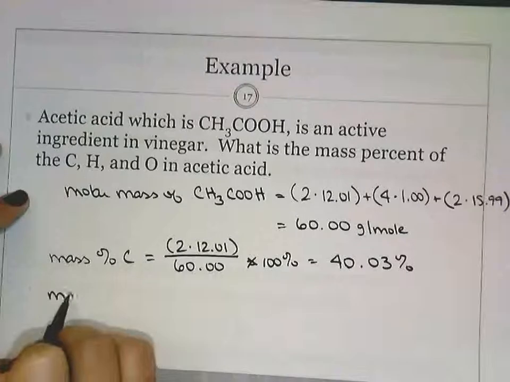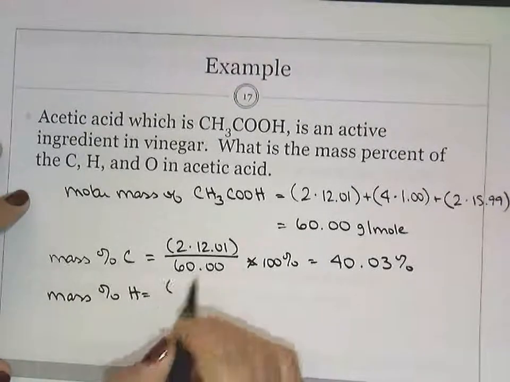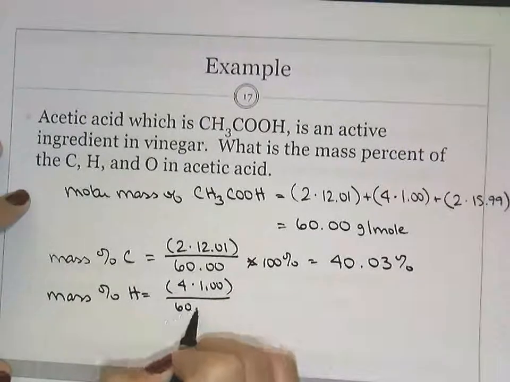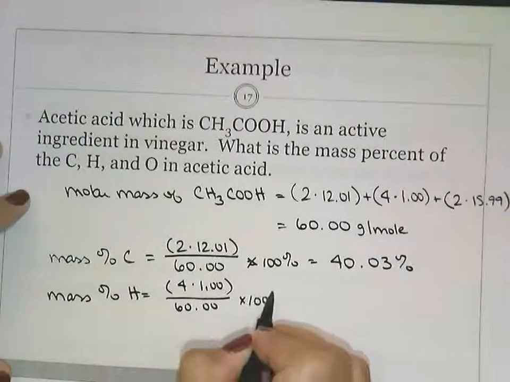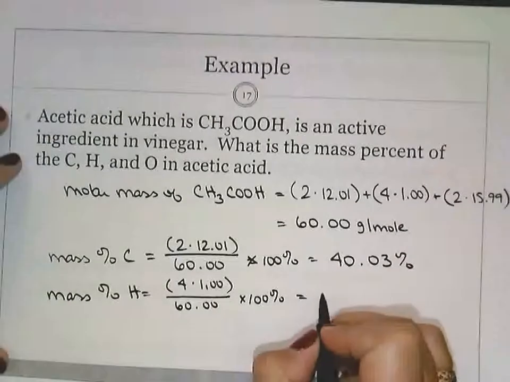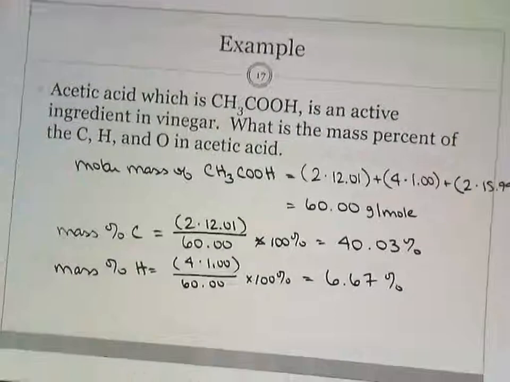We'll do the hydrogens. So we have 4 times 1 divided by 60 times 100%. So hydrogens contribute 6.67%. How would I go about figuring out what the last percentage is? 2 different ways.